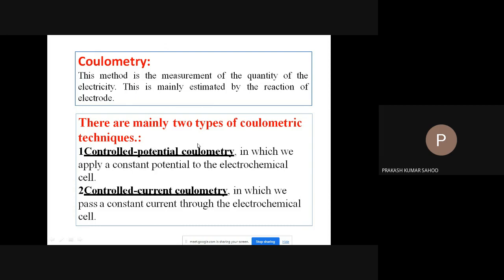This is again of two types, that is controlled potential and controlled current. In controlled potential, constant potential is maintained, and in controlled current, the current is maintained throughout the electrochemical cell.